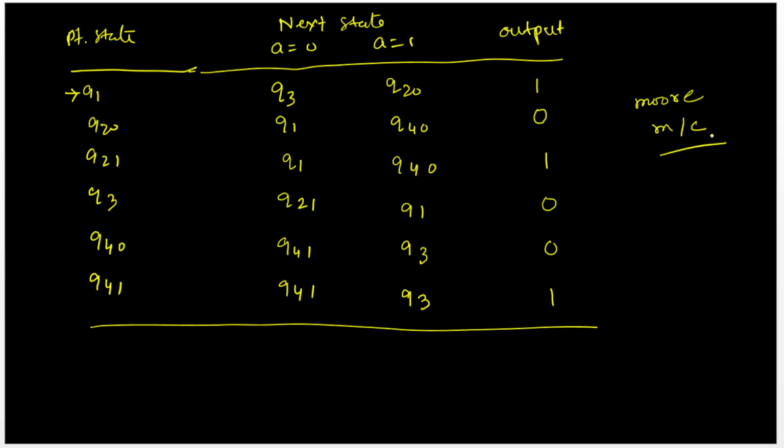Now, one concept for Moore machine, as we know, for the input empty. As the first output is 1, here the Q1 state is the initial state, and here the output is 1.